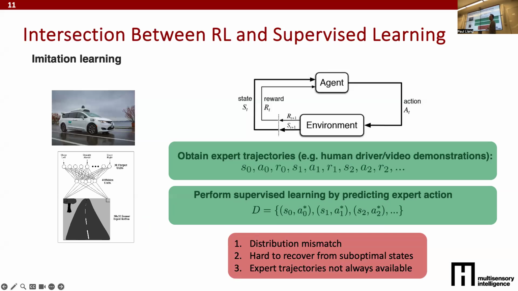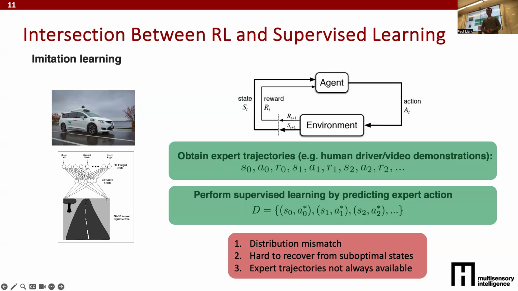So this distribution mismatch is going to be very difficult to tackle. If you start accidentally going into some suboptimal states, it's also, again, going to be very difficult for the model to recover because in these expert demonstrations, you never see any suboptimal states. And of course, you also have logistical issues where sometimes expert trajectories are not always available. And even if they are always available, it requires lots of humans doing things, which can be very expensive.